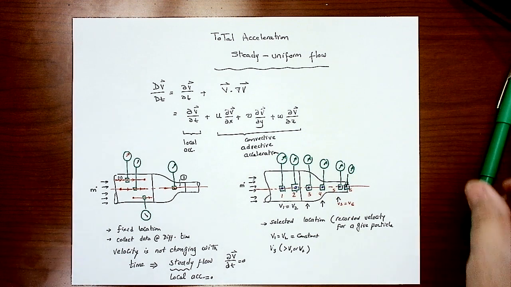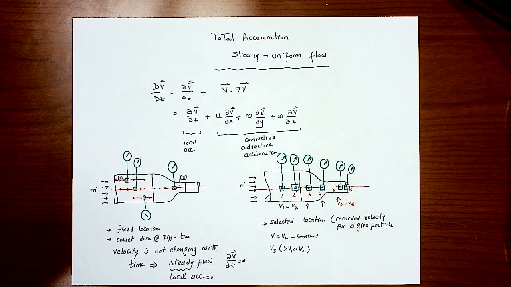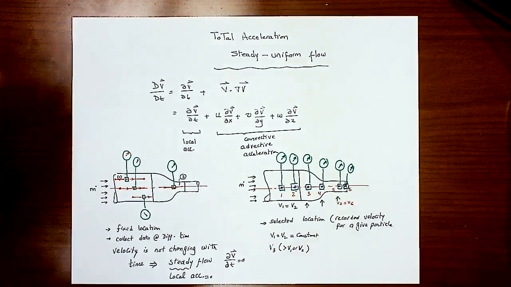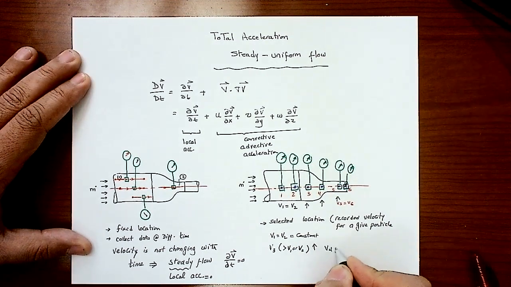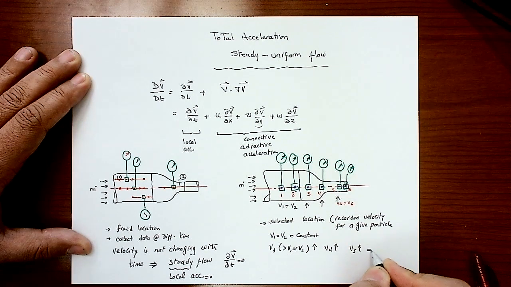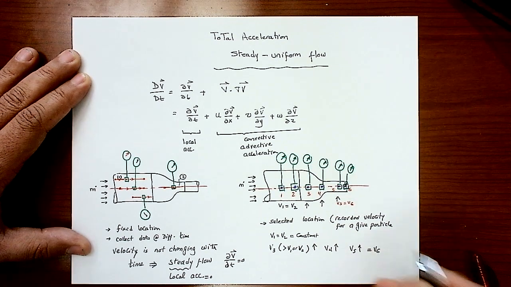So the story here is the velocity did not change with position between 1 and 2. Then V3 is getting higher, and V4 will go up. V5 will go up, but V5 will be equal to V6, right? So it's going to remain constant.